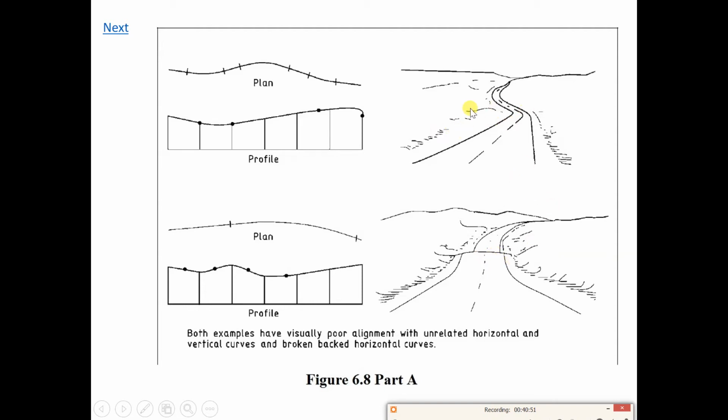This other one is not too bad. The visibility is quite good, but maybe the visual alignment is poor. It doesn't look good and is not safe as well. This one at least you can see what's happening in front.